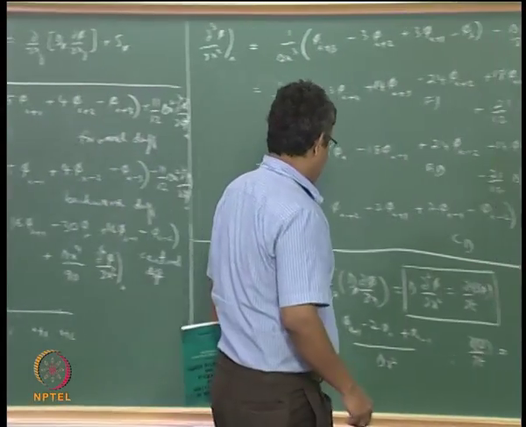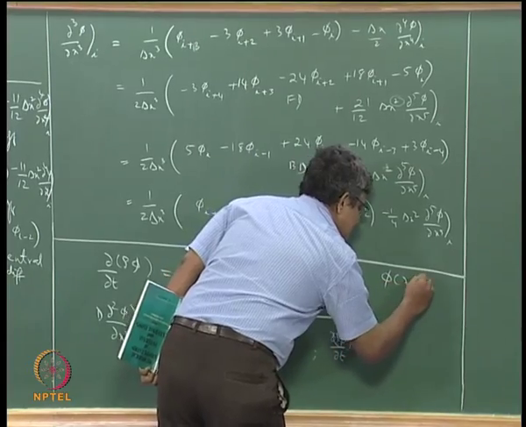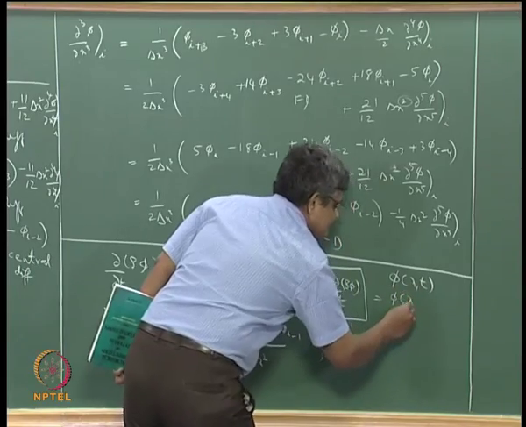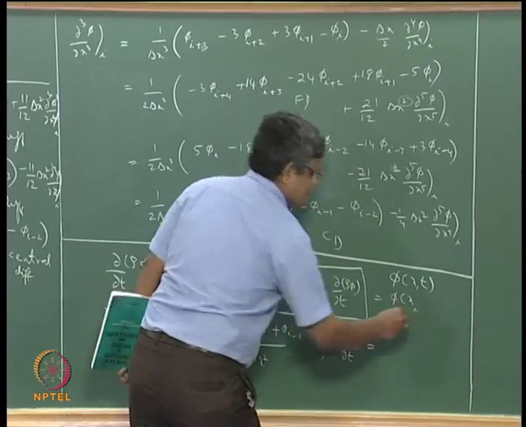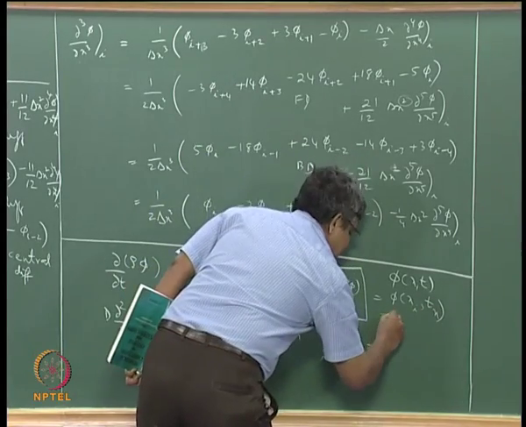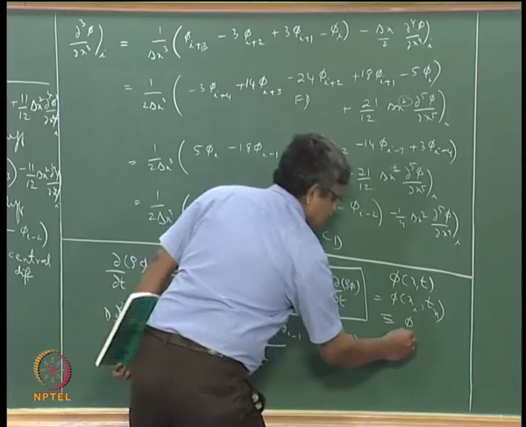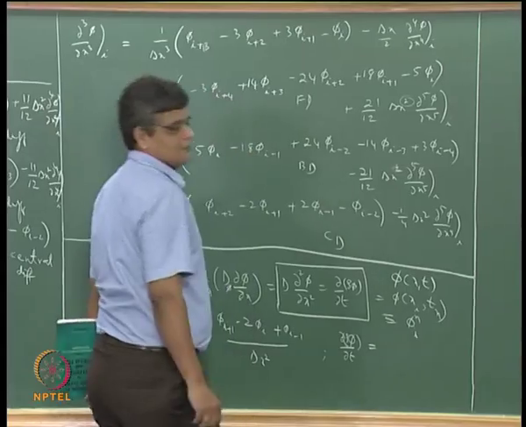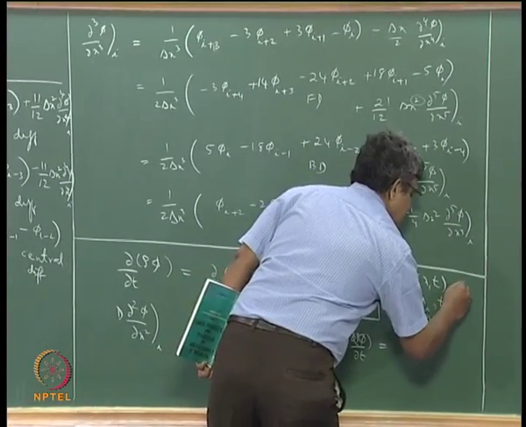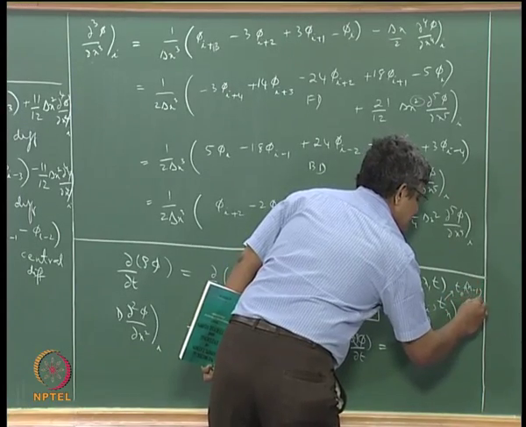Therefore we normally write phi at x t as phi at, this is discretized as xi t n, and this is represented as phi I as a subscript and n as a superscript, where Tn, as usual, is T naught plus n minus 1 times delta t.